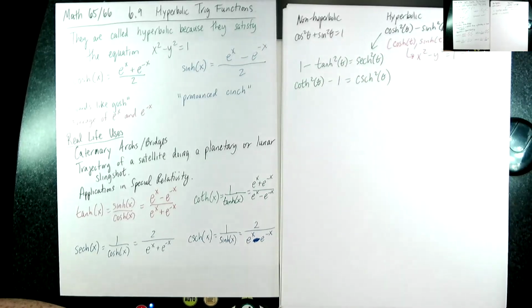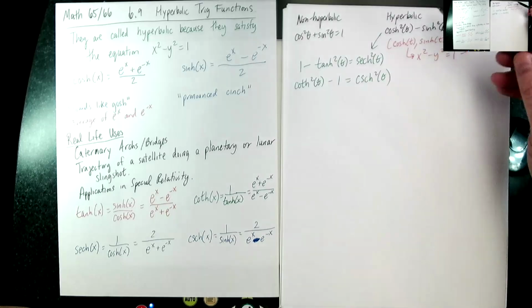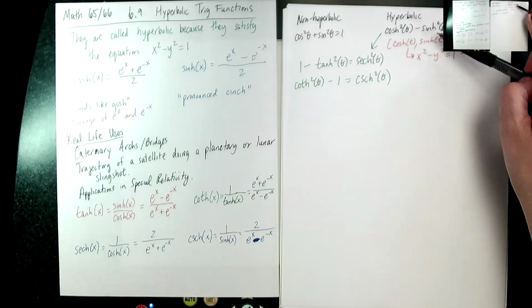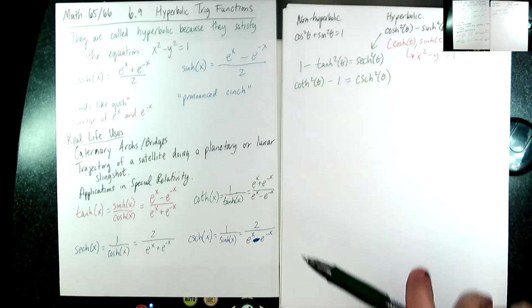These look just like our other two trig identities, but they have a minus rather than a plus. If it helps you to remember which one goes first here, we usually associate cosine with x and sine with y. It's no different here.